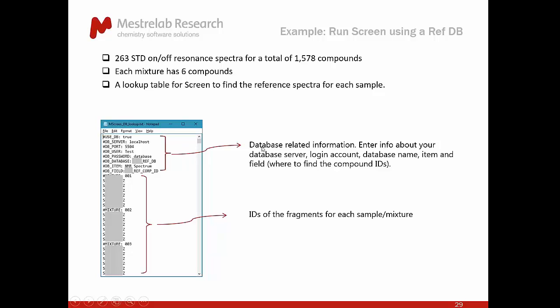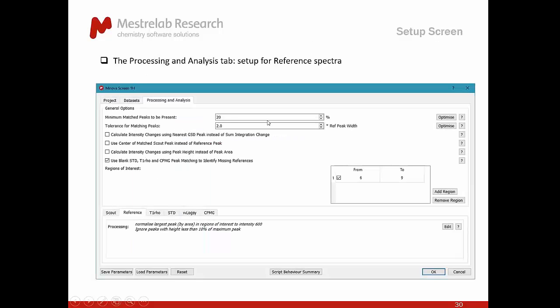It tells Mnova Screen where to look in the reference spectra database, and for each mixture, what the corresponding reference spectra are. Then we tell the program how to process the reference spectra. For example, we want to normalize the intensity a bit so we can see them in the stacked spectra, and we want to ignore very small peaks, etc.